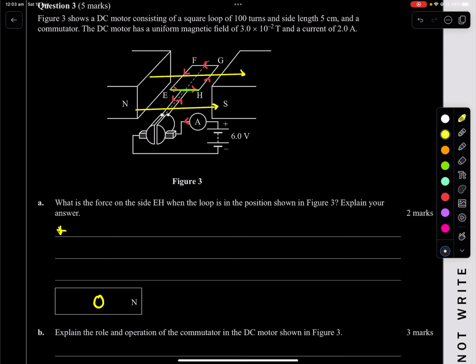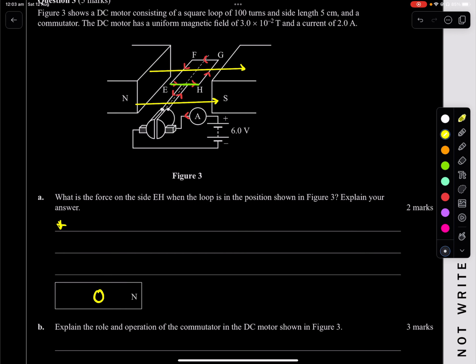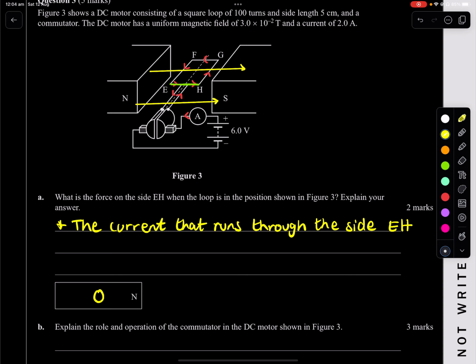So we can say the current that runs through the side EH is parallel to the magnetic field lines.